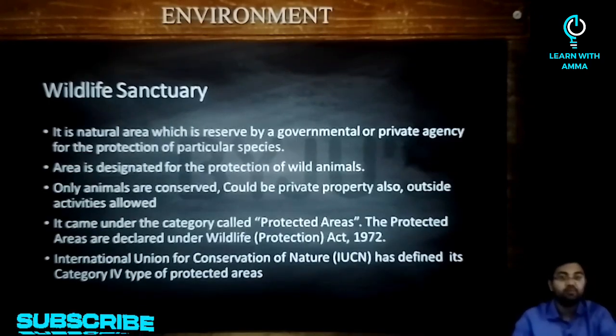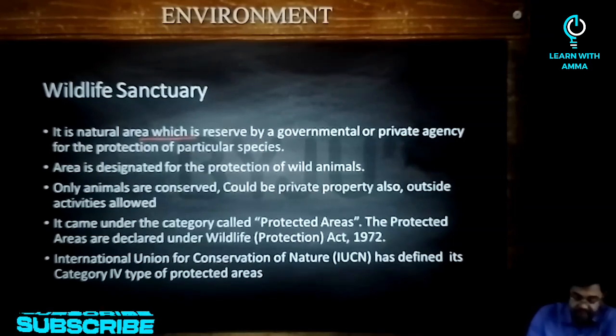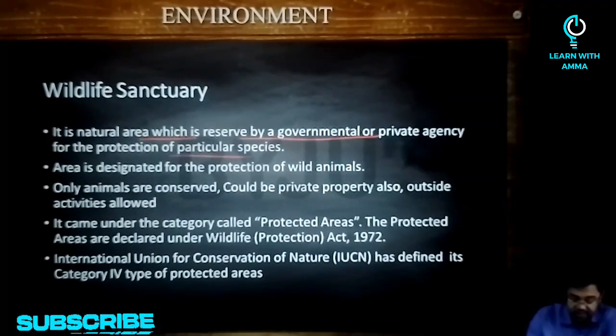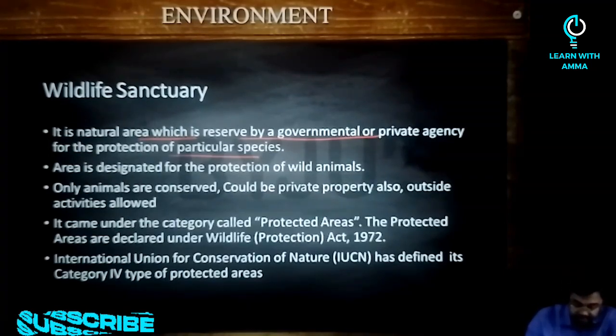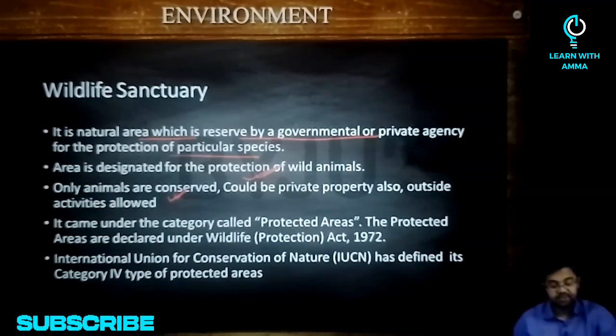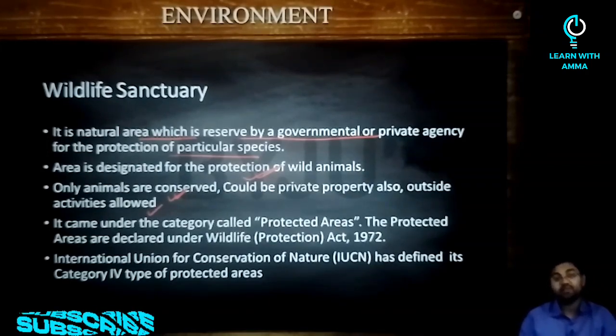So if we look at the important characteristics of a wildlife sanctuary, first of all, it is a natural area which is reserved by the government or a private agency for the protection of particular species. Then the area is designated for the protection of wild animals. Only animals are conserved, it could be private property also, and outside activity is allowed.